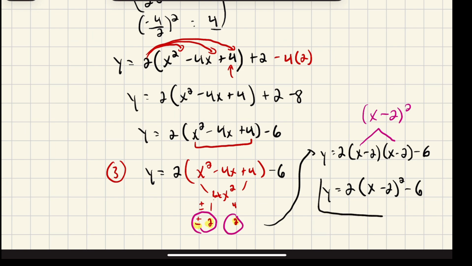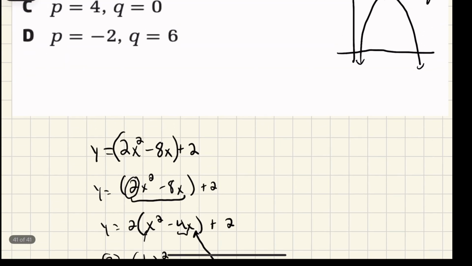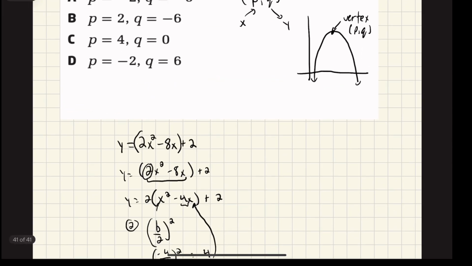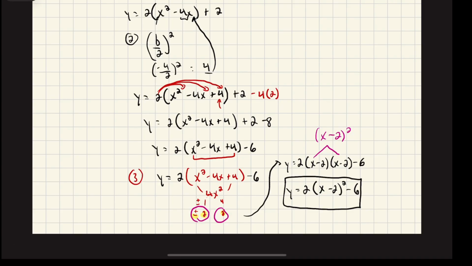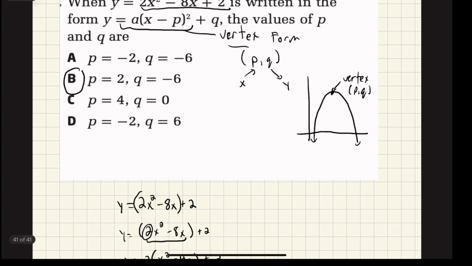And this is the fully converted vertex form of the equation. And with regards to our choices up above, we know that the value of p is actually 2, since we set the brackets to 0. And q is negative 6, so the choice would be B.